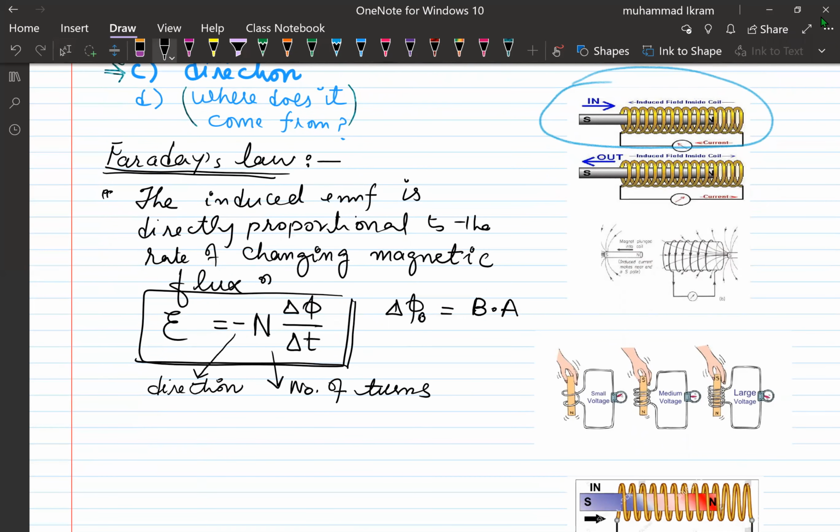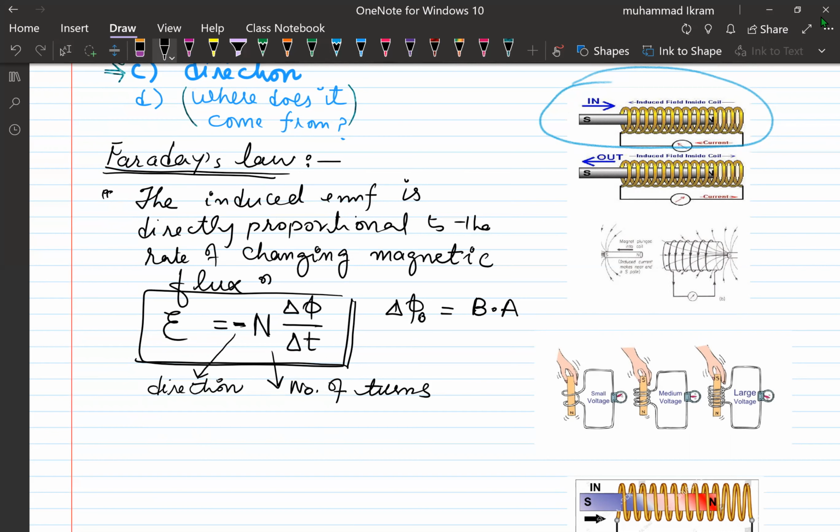So if you increase N, this increases. As far as the negative sign is concerned, I will explain this when I explain to you the Lenz law, right? It indicates the direction of the induced current, and that can be found with the help of the Lenz law or Fleming right hand rule.